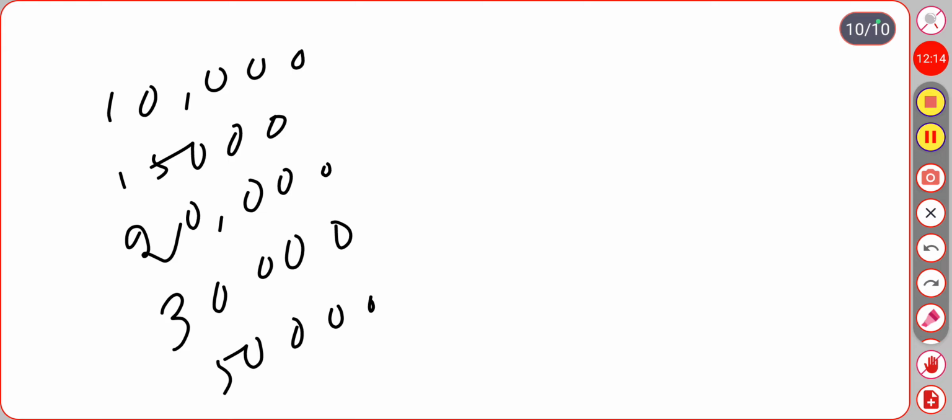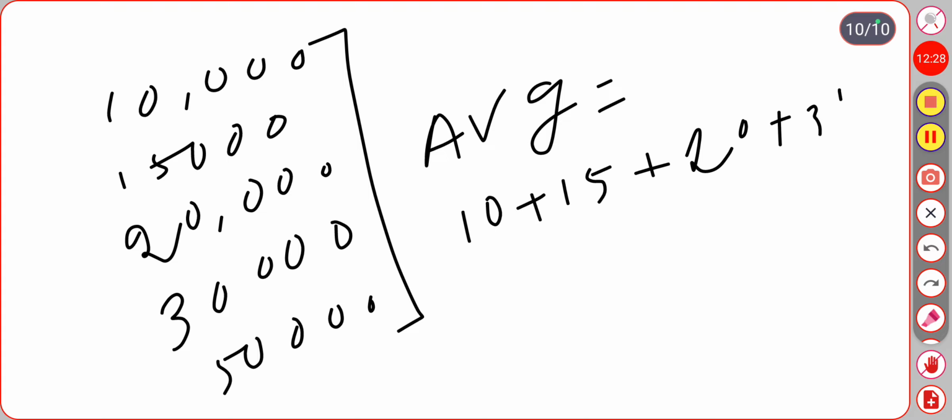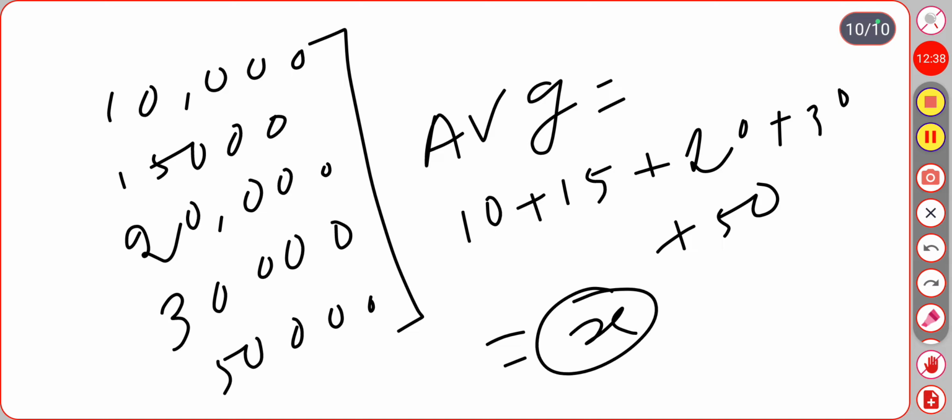First, consider the average of these five members. Suppose the average value is x. So how can we calculate the absolute deviation?